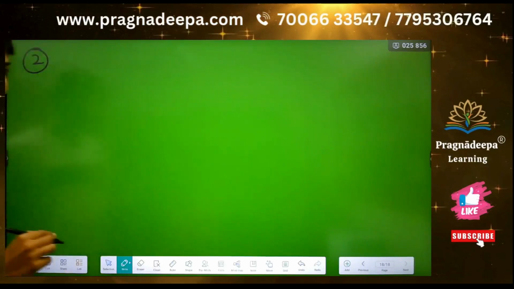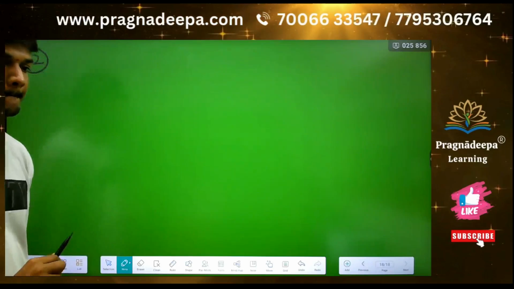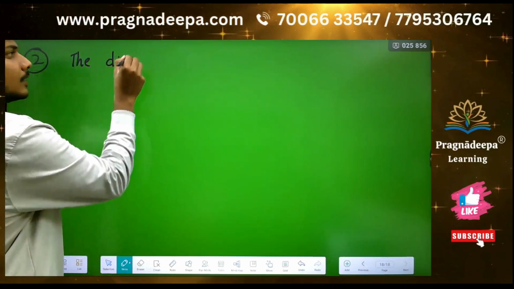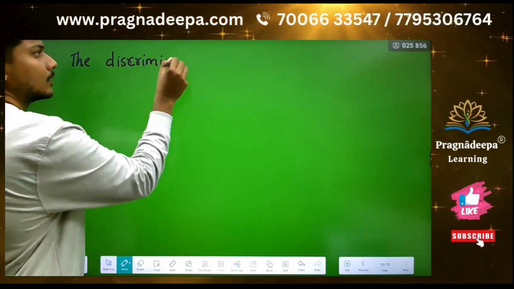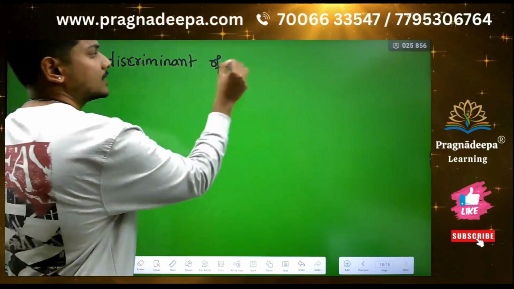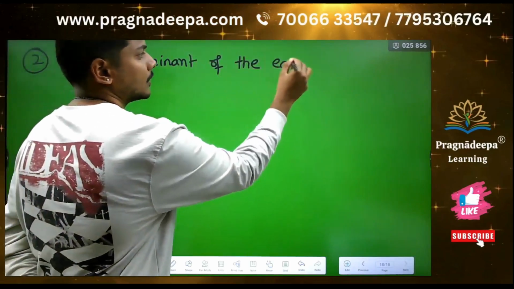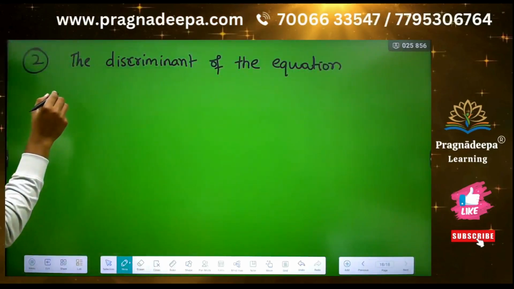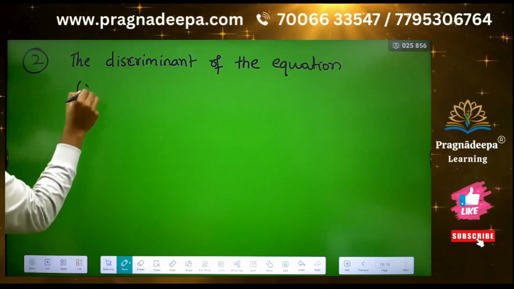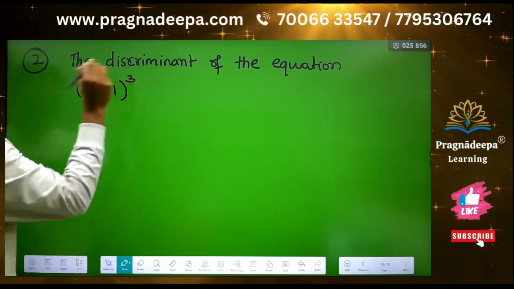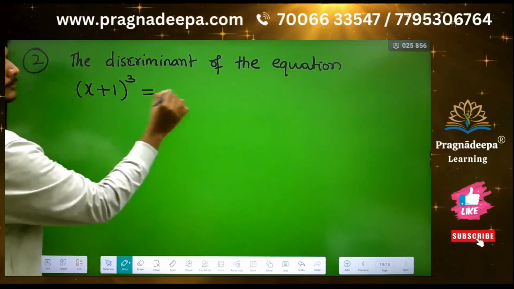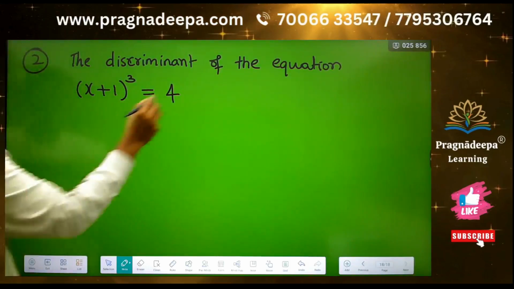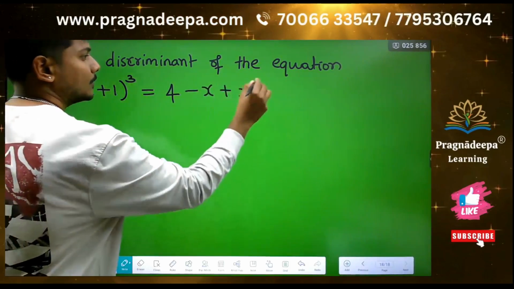Yes, sir. The discriminant of the equation x plus 1 whole to the power 3 equals 4 minus x plus x cube. 4 minus x plus x cube.